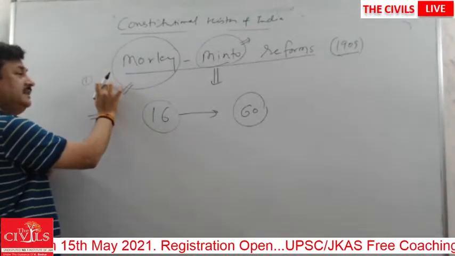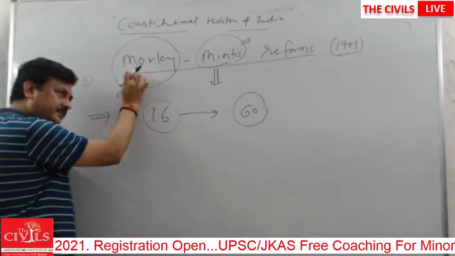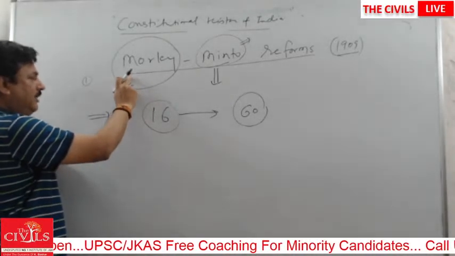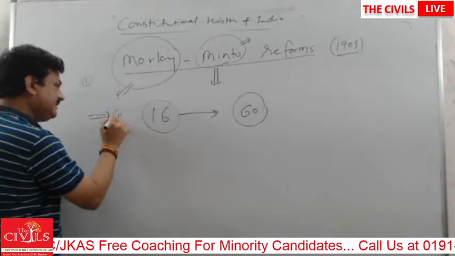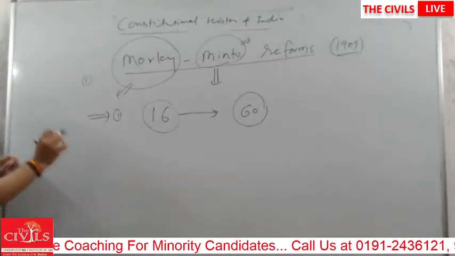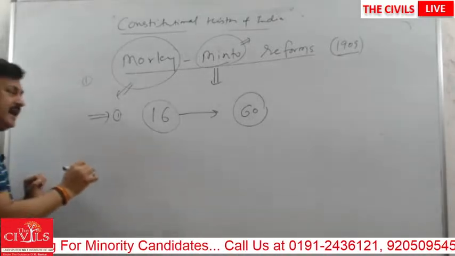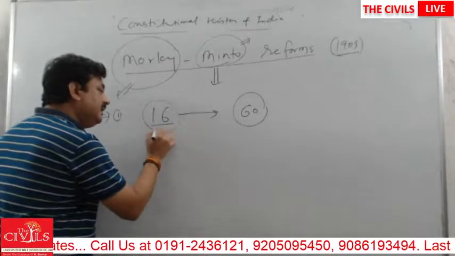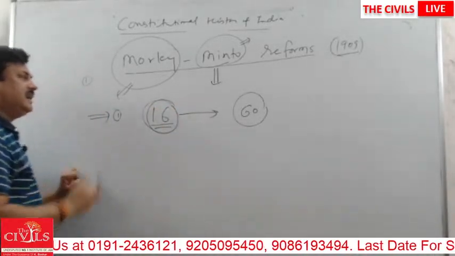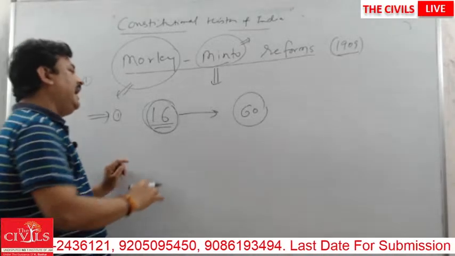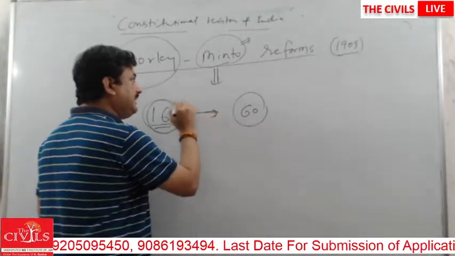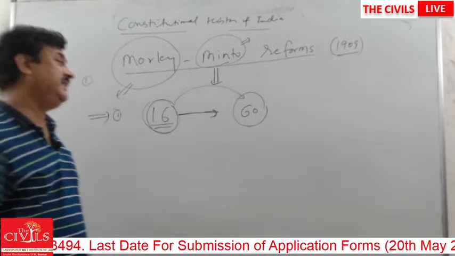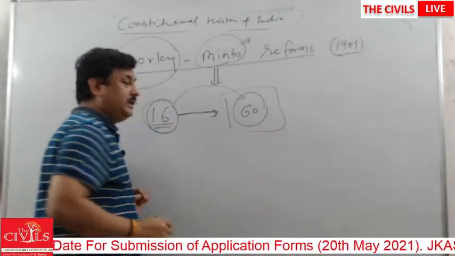This reform enlarged the Central Legislative Council and Provincial Legislative Council, and also increased the function. The second point is that this reform enlarged the Governor General Council. Earlier there were 16 members, and after the passage of this act the number was increased to 60. This is a very important point.